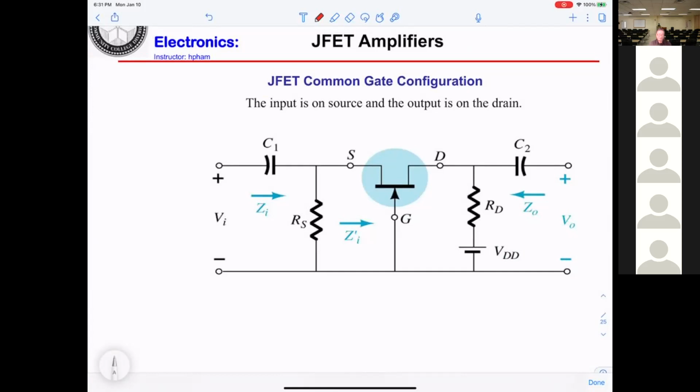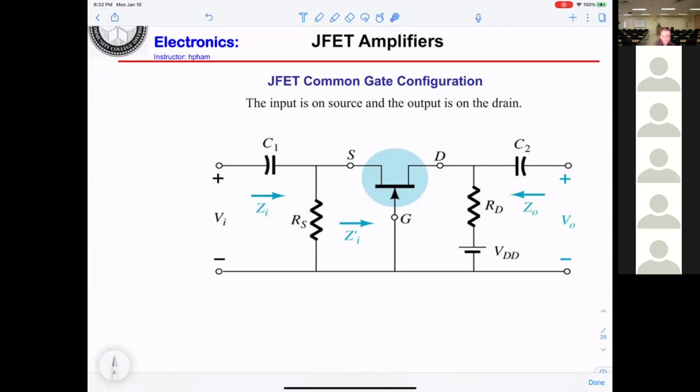Common source, in AC source ground. Common gate, that will be telling you gate will be grounded. Normally you understand a little more in the bipolar, so that will not be a problem.